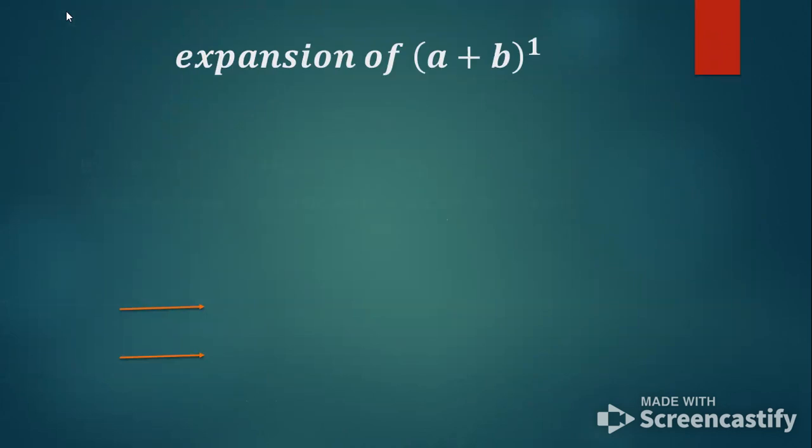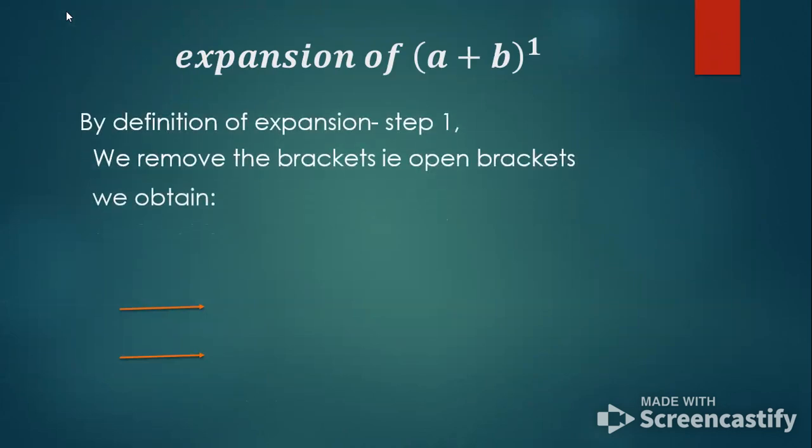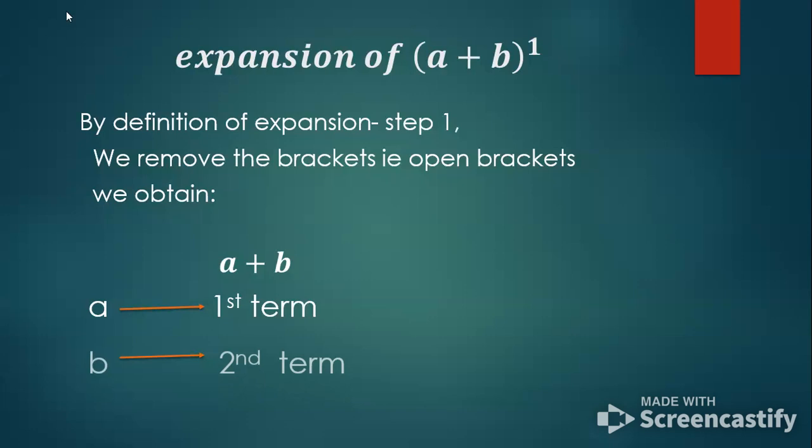So what do we obtain when we expand (a + b) to power 1? We obtain a + b. So from there you can see a is our first term and b is our second term after we expand (a + b) to power 1.